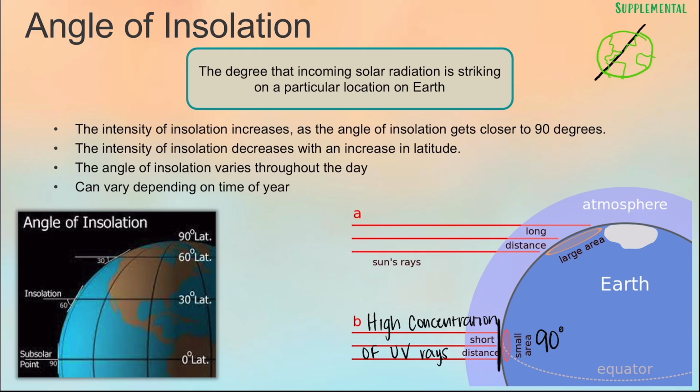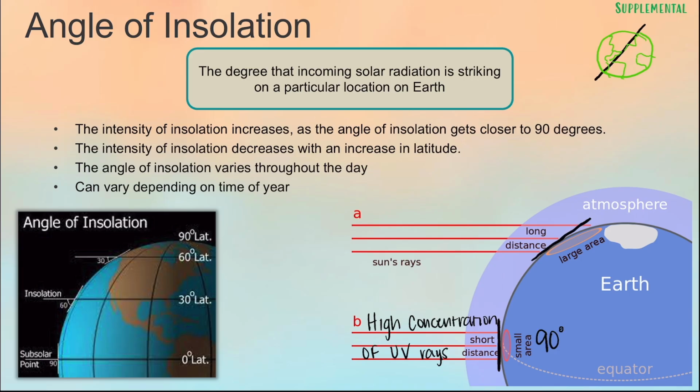All right, in an area where we are closer to the poles, so whether this is northern or southern hemisphere, doesn't matter. When we are looking at regions that are typically 60 degrees latitude and up towards the poles, those areas we are looking at about 30 degrees of solar insolation.